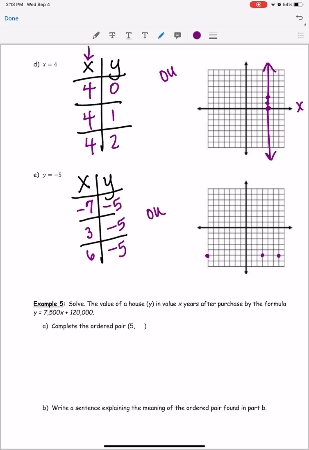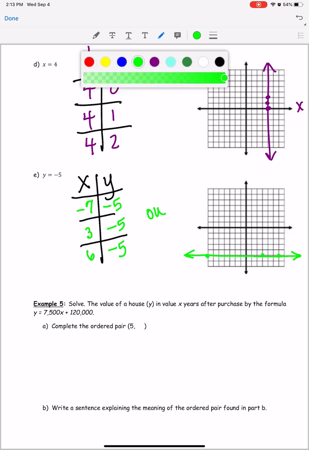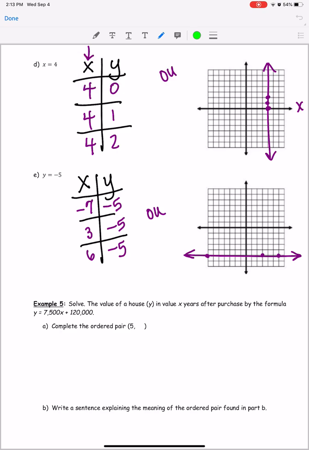So my line is horizontal. And so if you picked your 0, 1, 2, then you would have had dot, dot, dot right there.